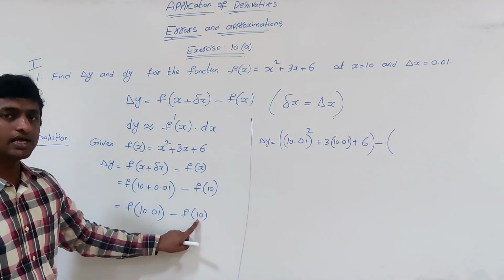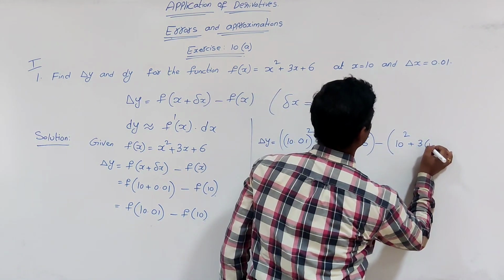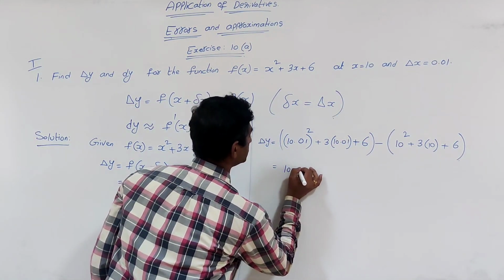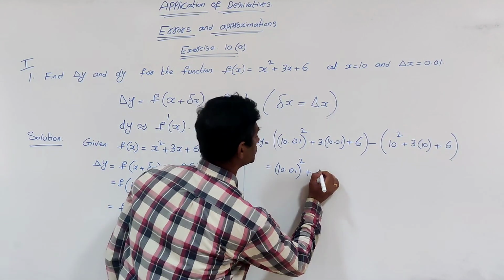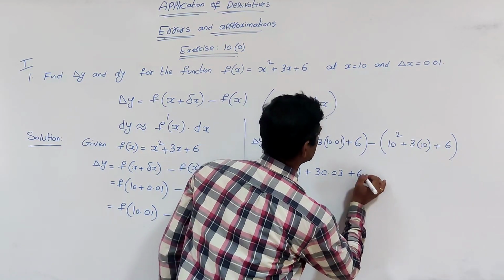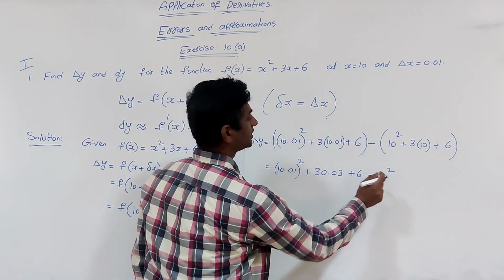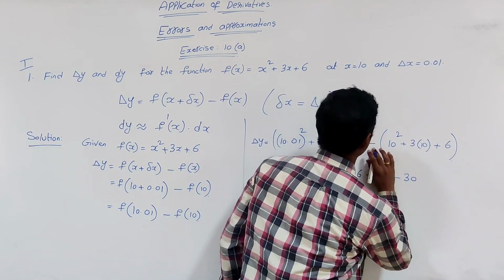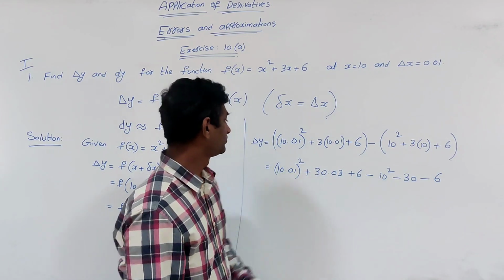In the place of x it is 10, so substitute: 10 square plus 3 times 10 plus 6. So 10.01 whole square plus 3 times 10.01, which gives 30.03, plus 6, minus 10 square, minus 3 into 10 which gives minus 30, and minus 6. So plus 6 minus 6 get cancelled.